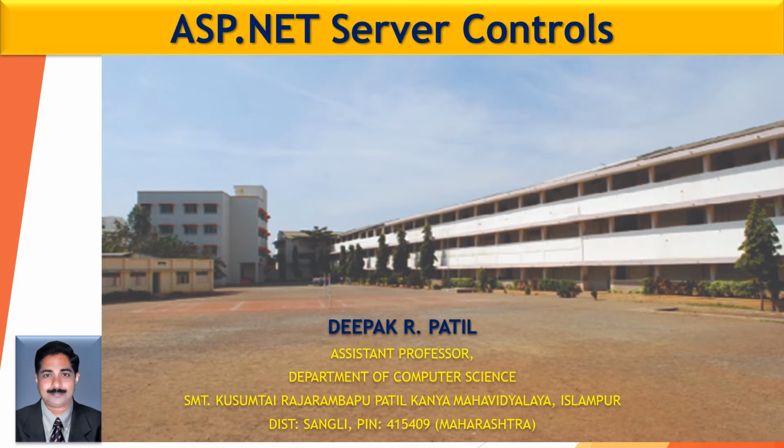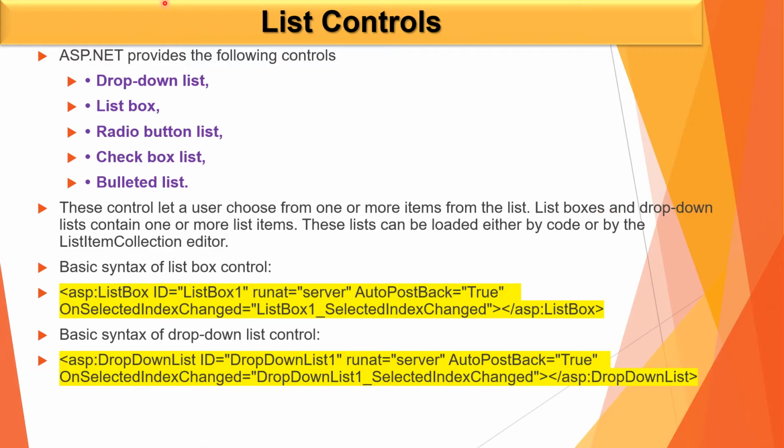But in this video we are learning about the list controls and the other controls like link button, image and many other list controls like drop down list, list box, radio button list, checkbox list and bulleted list. Now let us discuss all these list controls.